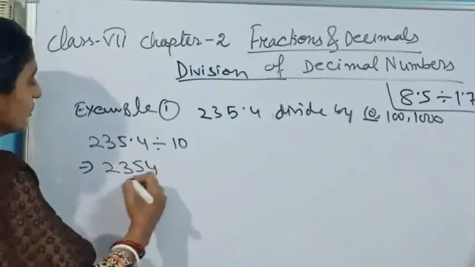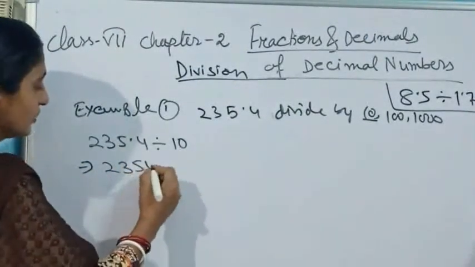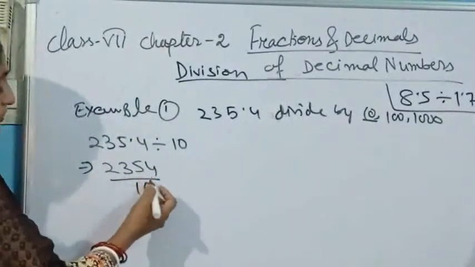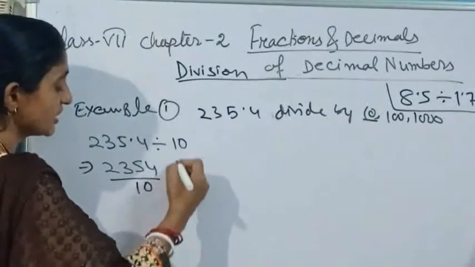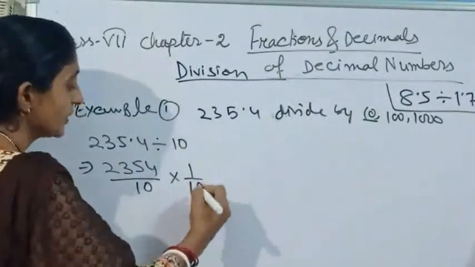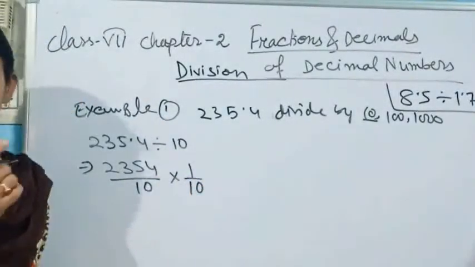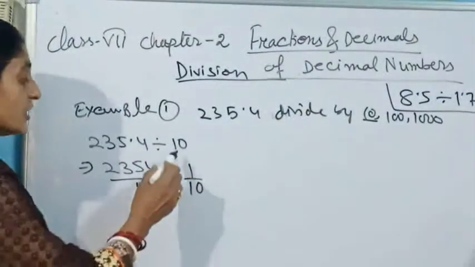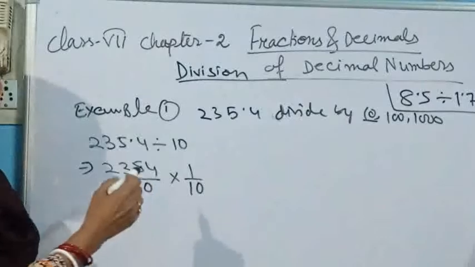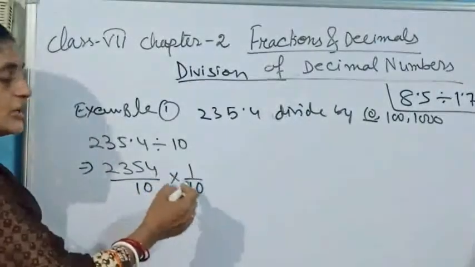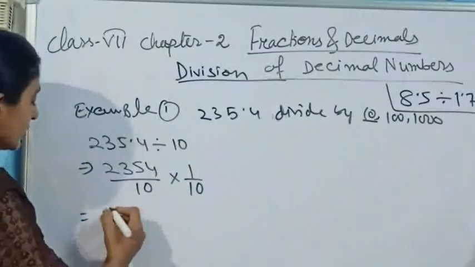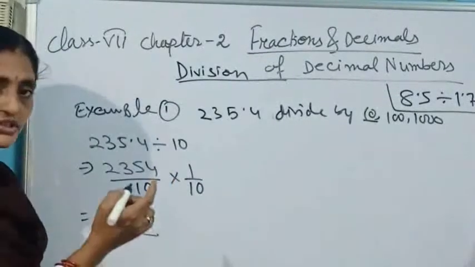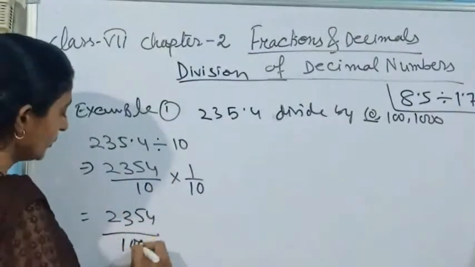Change this into a fraction: it is 2354 by 10, and dividing by 10 means, in fractions, we take its multiplicative inverse. So as I have written this in fractional form, I have changed 10 to its multiplicative inverse. Now what we are getting is 2354, then 1 has been multiplied so there is no change in the value, and the denominator becomes 100.